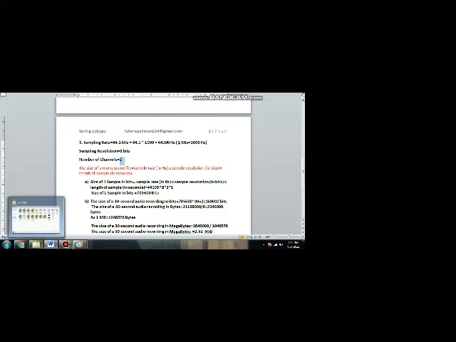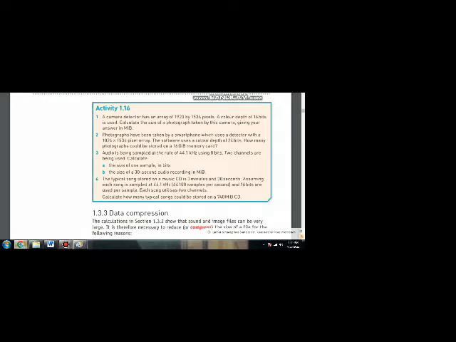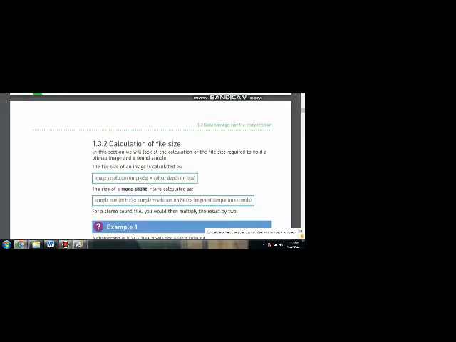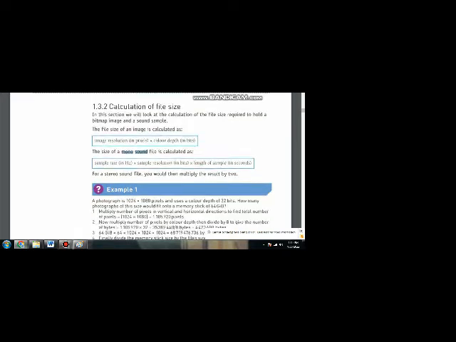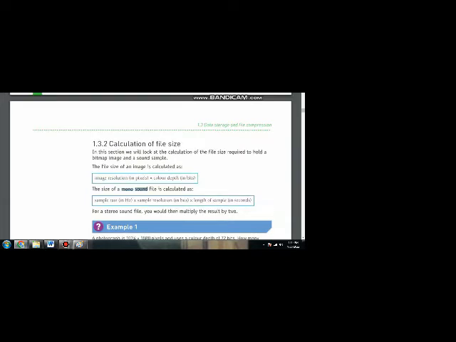In your book, the formula that is used to calculate sound is for mono sound. This is the formula for mono sound that is given on page number 33 of your book: the size of one mono sound file is equal to sampling rate into sampling resolution into length of sample.